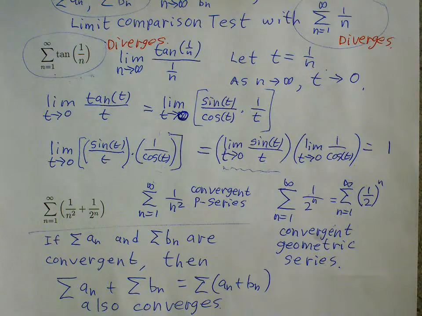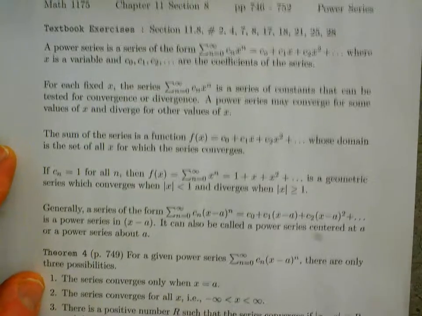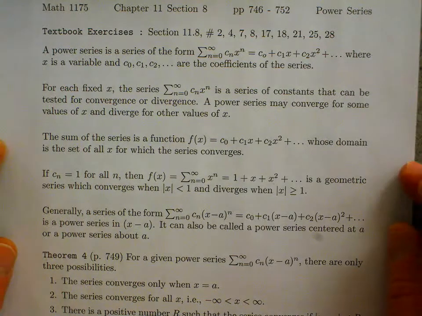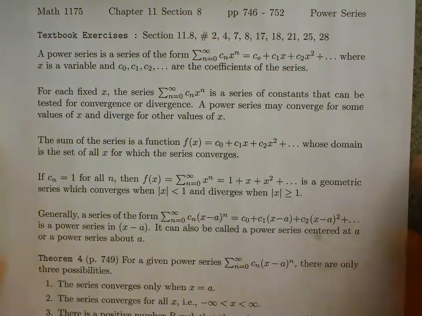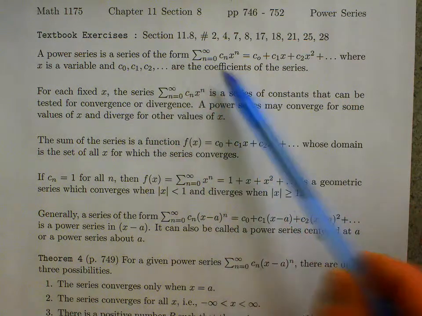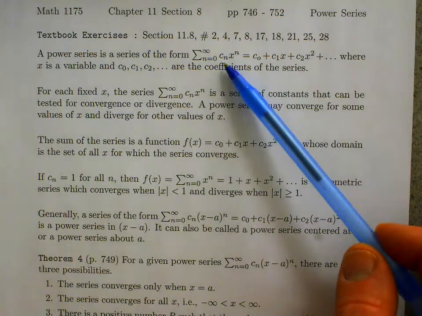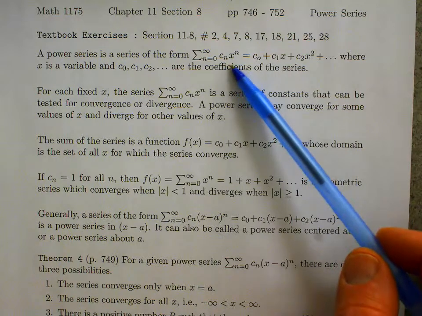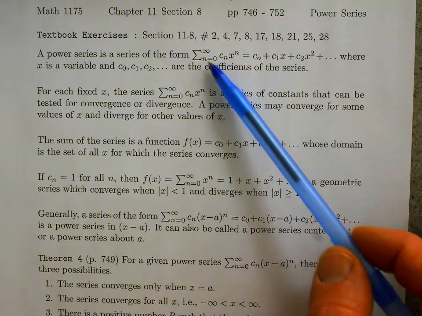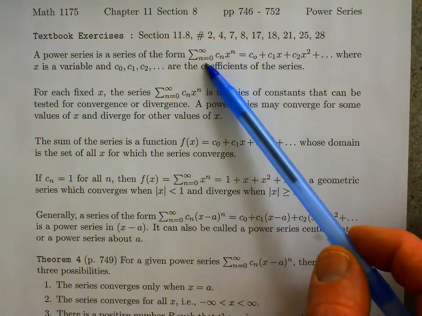Okay, let's go ahead and start section 8 on power series. A power series is a series of the form where the terms are c sub n times x to the exponent n, and n can start at 0 and go to infinity.